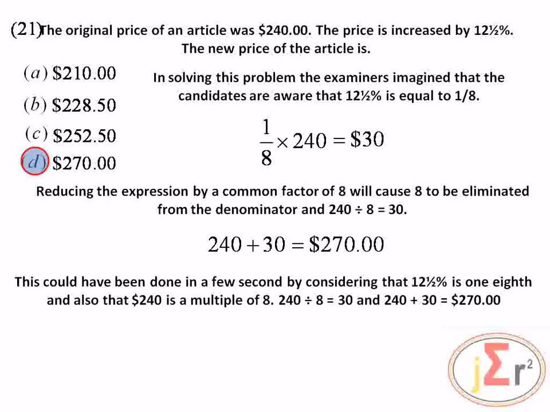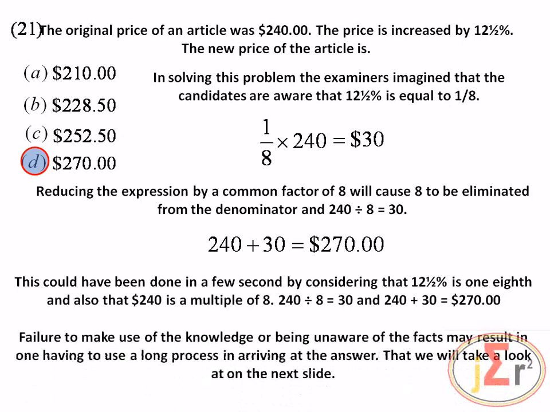So if we could just see that immediately, we know that 12.5% is 1/8, and of course we realize that 240 is a multiple of 8. So if we see that, we have no problem solving the problem very quickly. 8 into 240, 30. And then we just add the 30 to the 240, and that will give us 270.